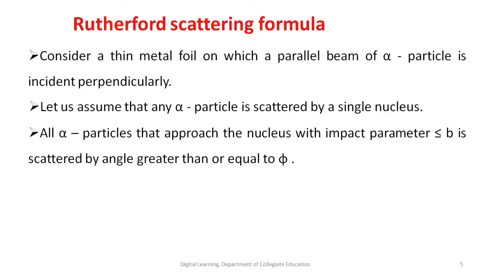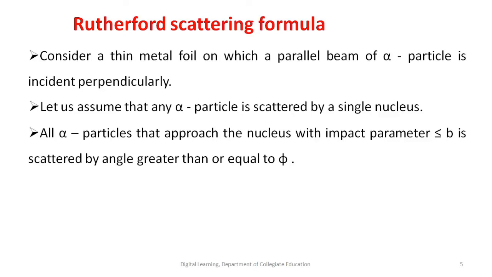Then all alpha particles that approach the nucleus with an impact parameter less than or equal to b are scattered by an angle greater than or equal to the angle of scattering.